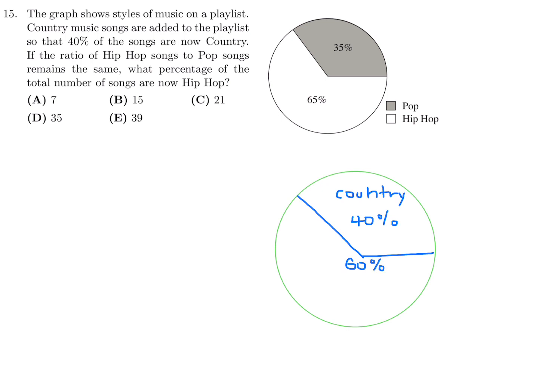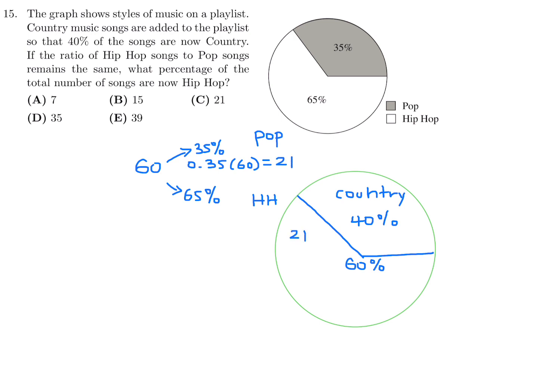And they're saying those 60% are going to be pop and hip hop in the same ratio, 35 to 65. So that 60% has to be broken up into 35% pop and 65% hip hop. Okay, so how do we do that? Well, 35% of 60, so 0.35 times 60 is going to be how much percentage is pop, and that's 21%.